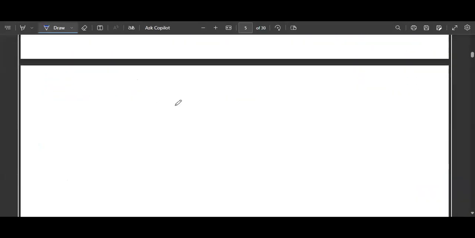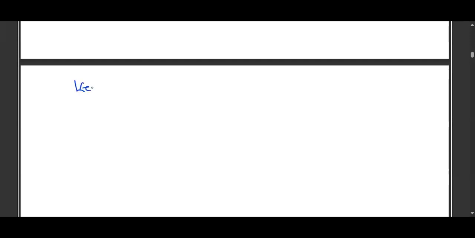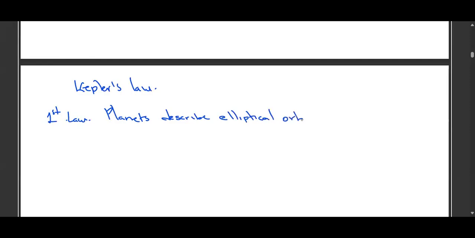So the first law, Kepler's law: planets describe elliptical orbits with the sun at one focus. That is the first law.